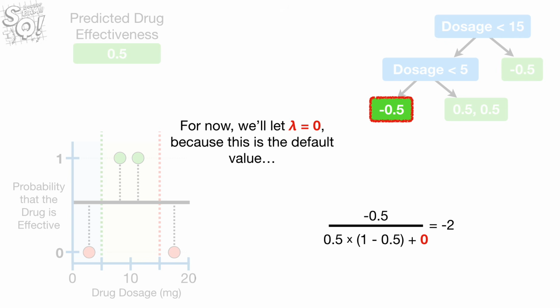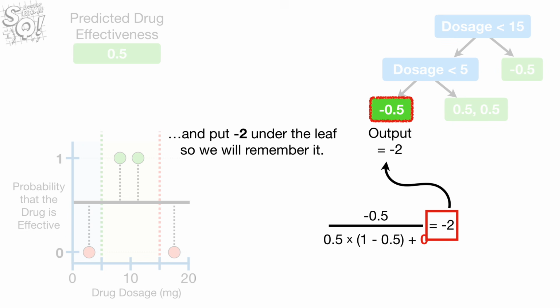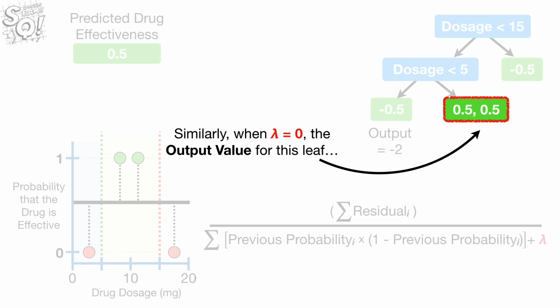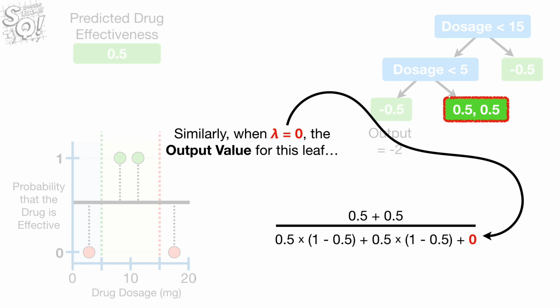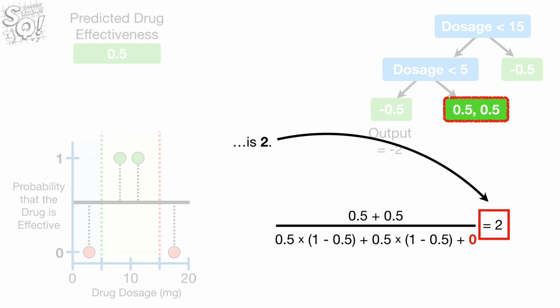For now, we'll let lambda equal 0 because this is the default value, and put negative 2 under the leaf so we will remember it. Similarly, when lambda equals 0, the output value for this leaf is 2.